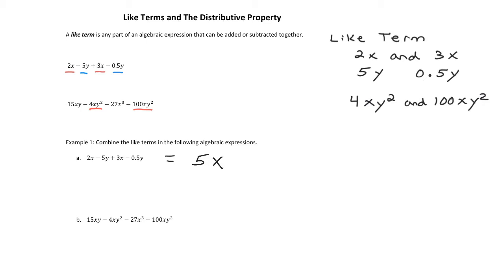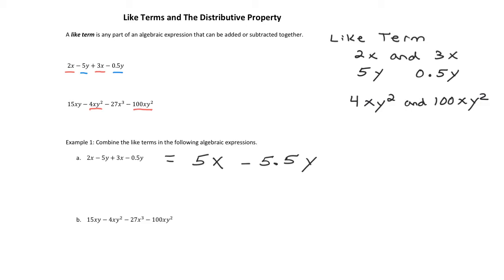I'm really just focusing on the numbers at this point. If I take negative 5 and I subtract 0.5, I get negative 5.5y. So we've simplified the expression by combining like terms. Now we have x's and y's, but those cannot be compared and we can't take this any further.